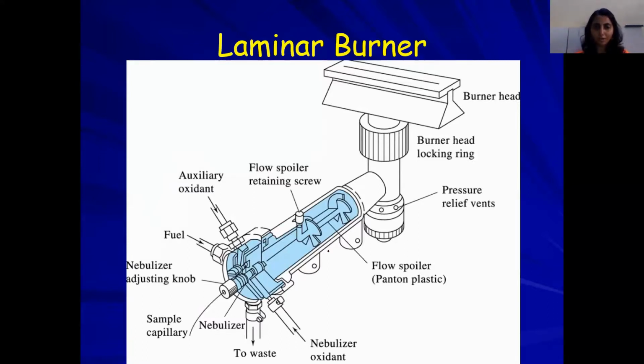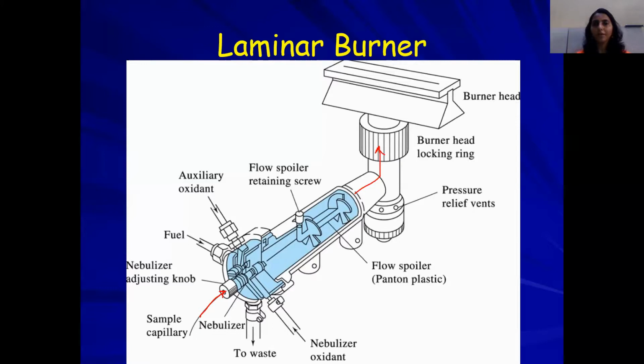You can see that there is a thin capillary through which the sample enters. Inside this sky blue colored part, you basically have a chamber where you are mixing your fuel and your oxidant, and it is being passed into the burner.